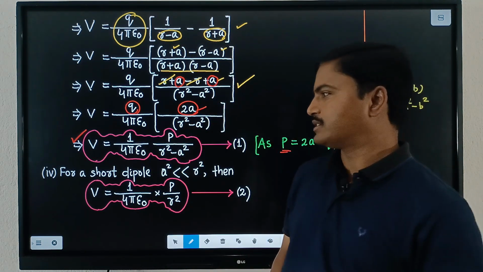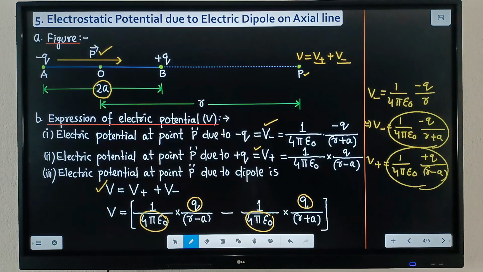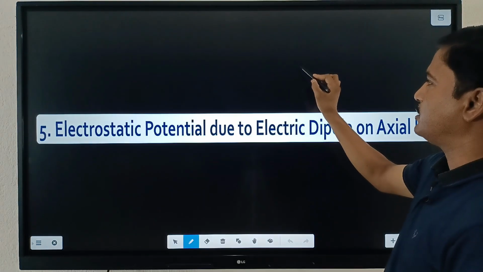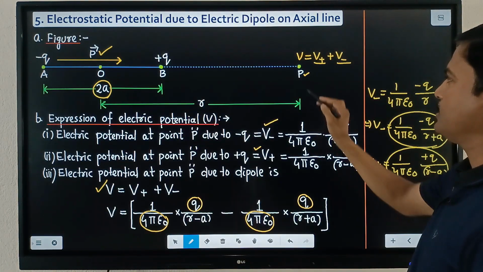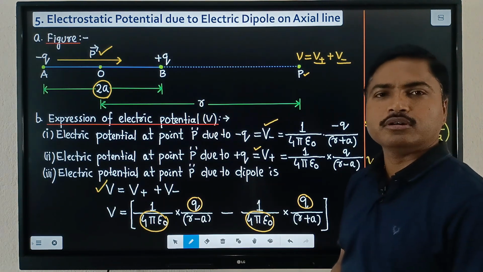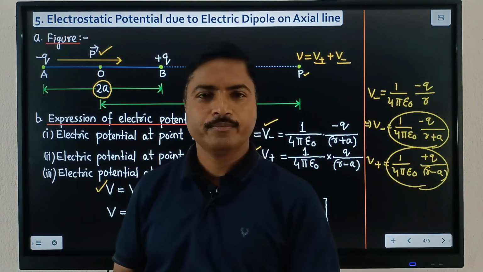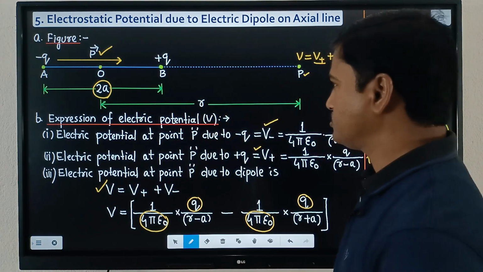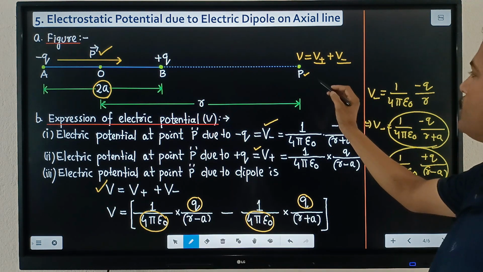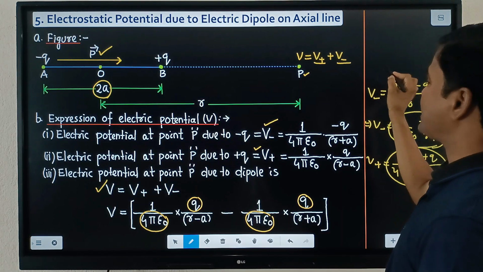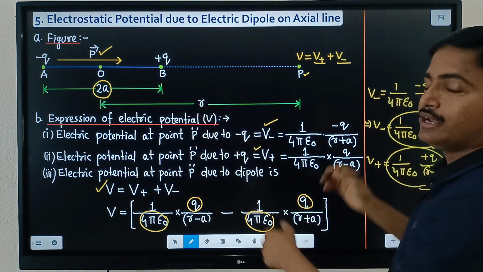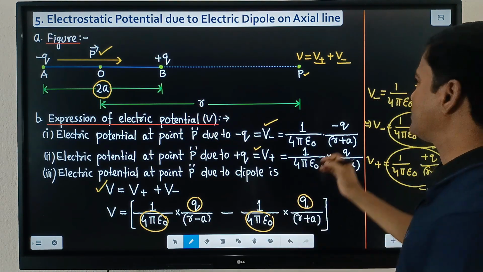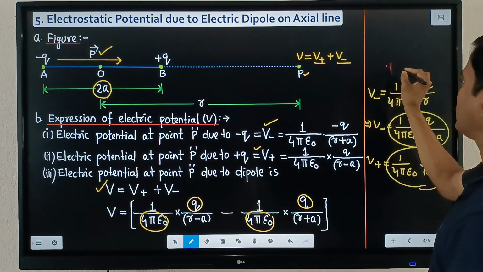This is the final expression of the electric potential at point P due to the electric dipole. Now suppose point P is far away from the electric dipole. Then what happens? Suppose this point is the P point.